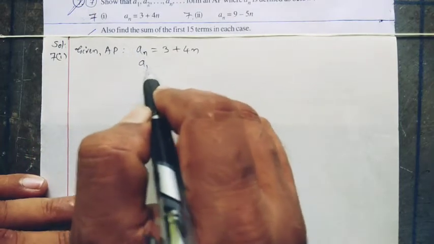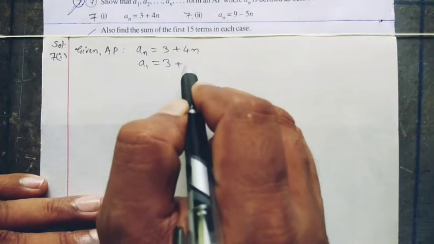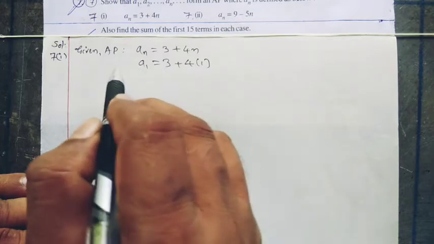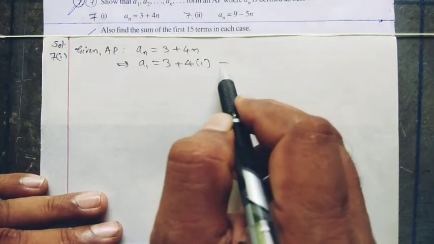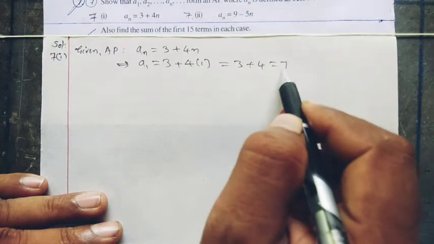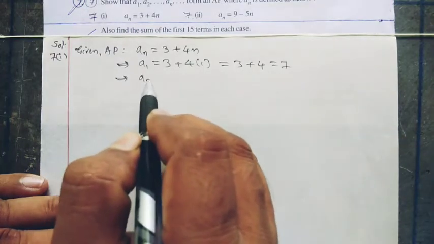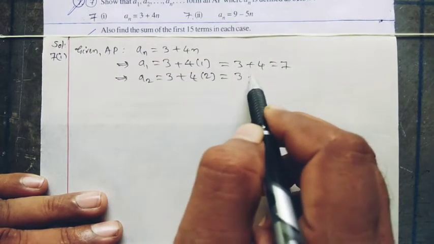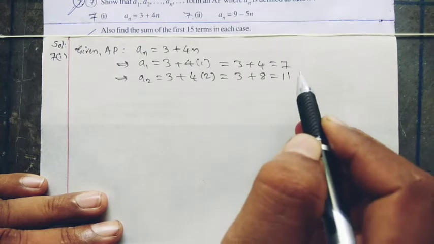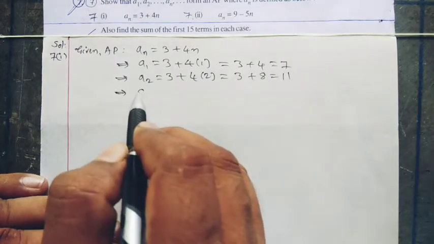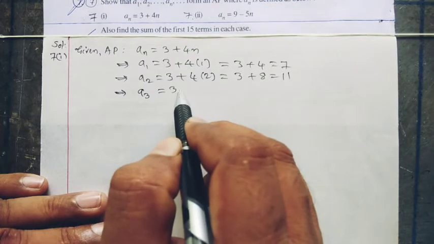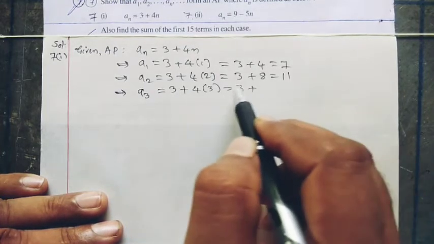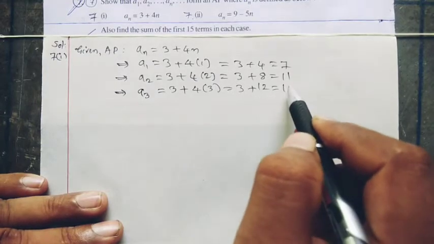a1 is equal to 3 plus 4 into 1, that is equal to 3 plus 4, 7. Then a2 is equal to 3 plus 4 into 2, 3 plus 8, 11. Then a3 is equal to 3 plus 4 into 3, 3 plus 12, 15.